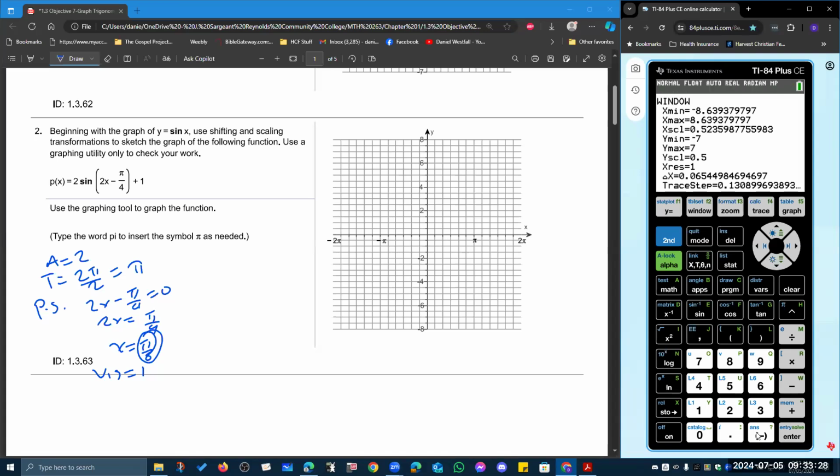We're going negative 8 to 8 this time, and it looks like our tick marks are every 0.5, correct. All right, so we're going to graph that, and it looks like that.